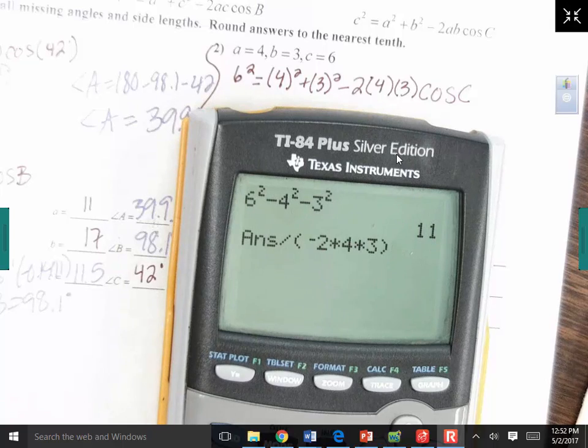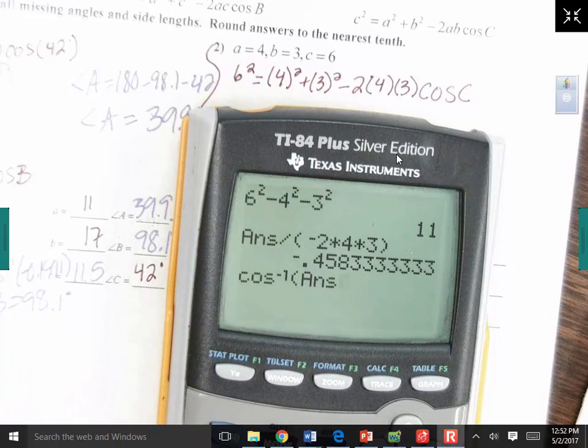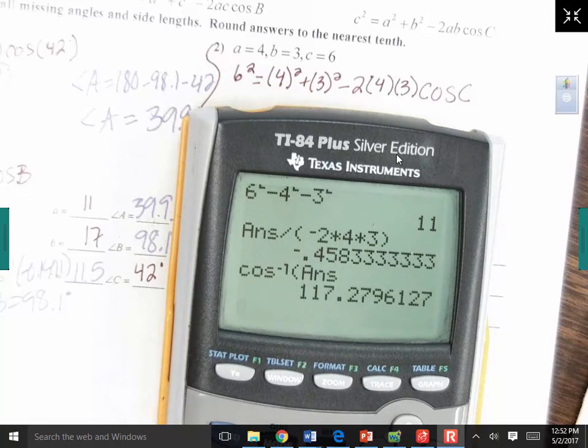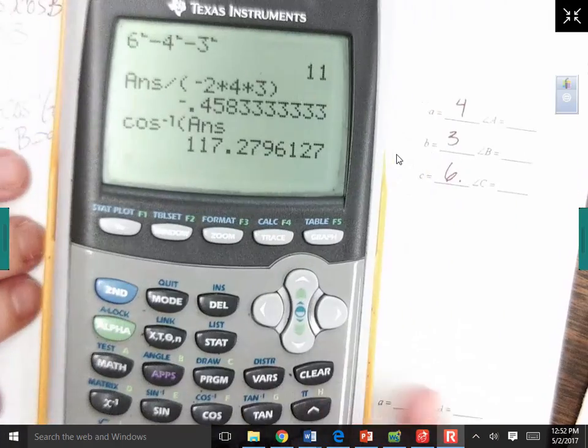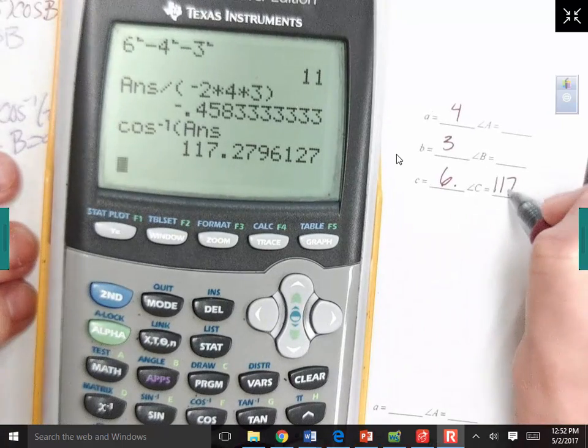Correct? And then we press second cosine, second answer. Do y'all see that? And we get 117.3 degrees. Is that what y'all got? Yes, ma'am.